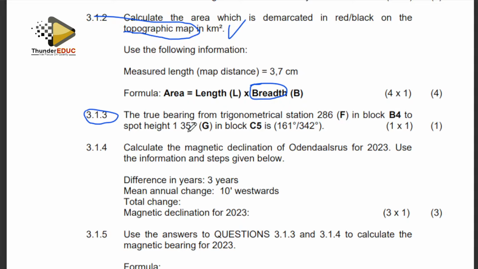The true bearing of this to this is this. What is the question here?